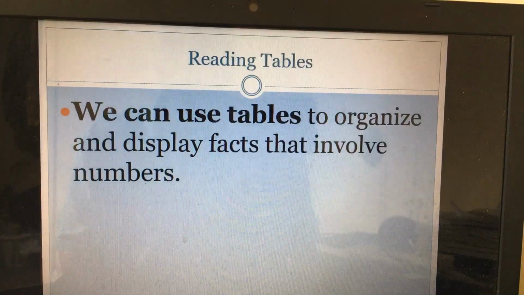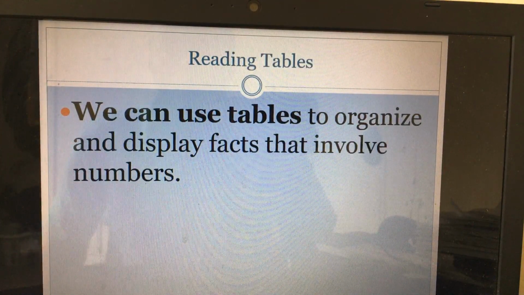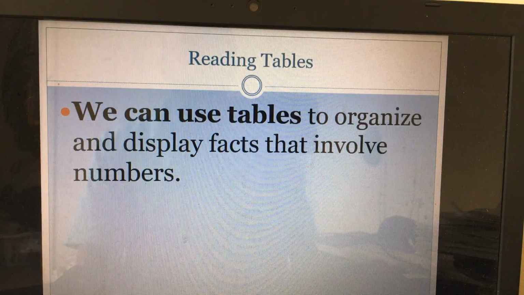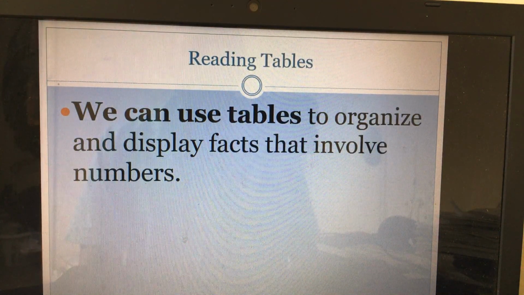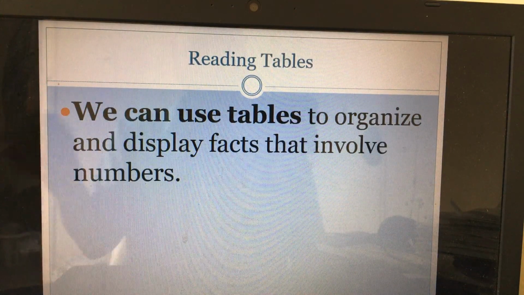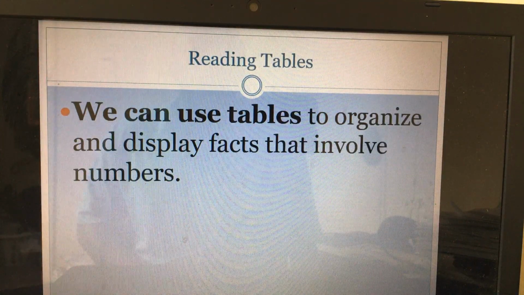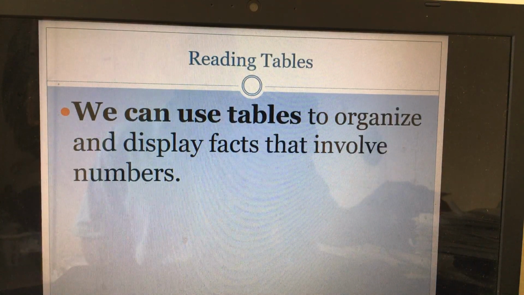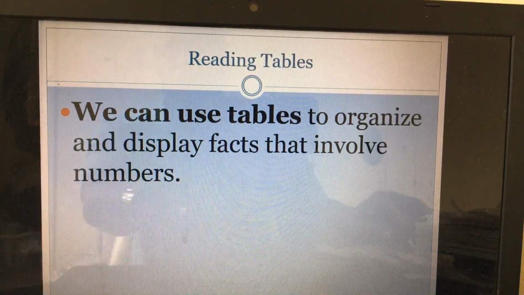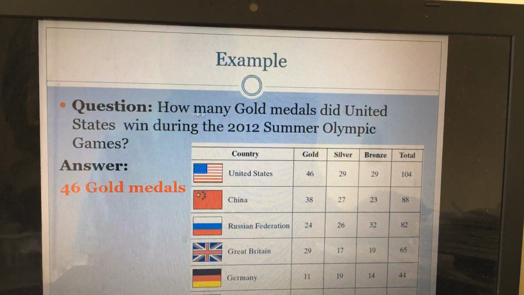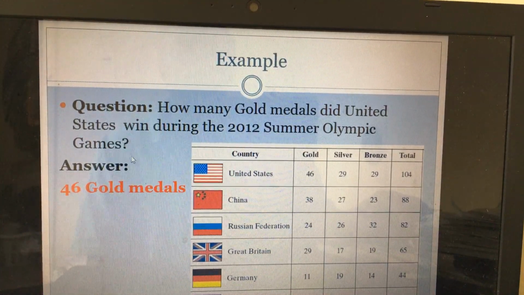Now, we can also use tables to organize and display facts that involve numbers. Knowing how to write numbers in standard form and in expanded form leads us to reading tables. So let's look at one example. Look at this table right here. It's asking us, how many gold medals did the United States win during the 2012 Summer Olympic Games?